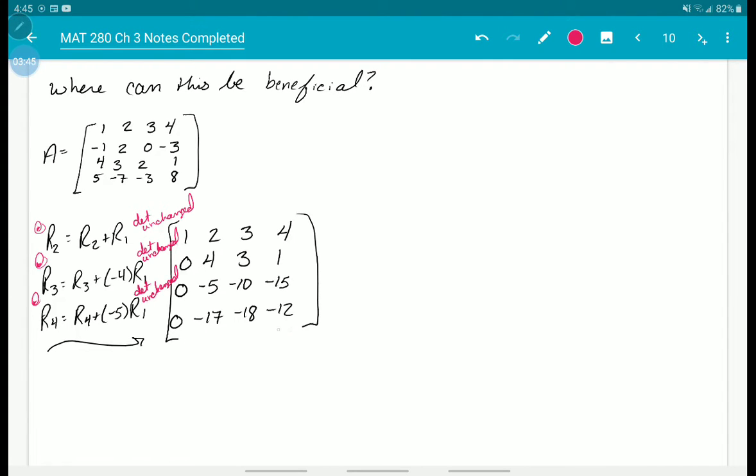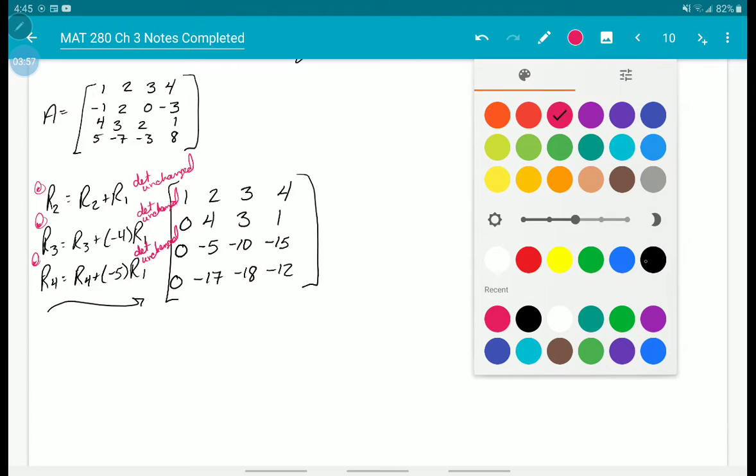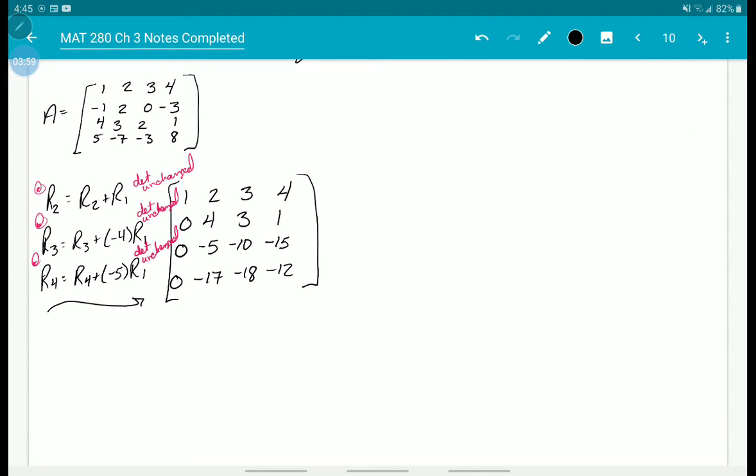Now if we look at this matrix, this matrix will actually have the same determinant as that original matrix because of the row operations that we chose. So it's always nice if you can use that, replace a row with the sum of that row and a multiple of another row, because it will never change that determinant. So now let's continue our process here.